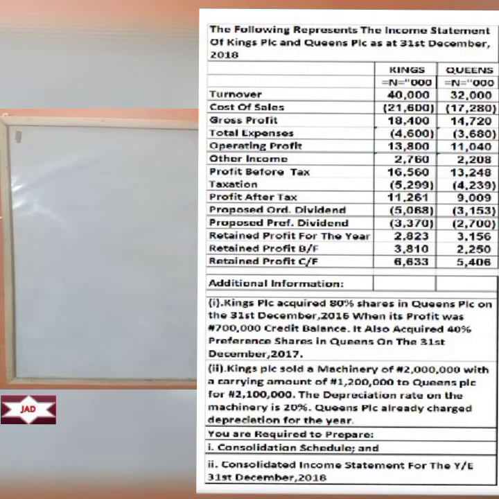It also acquired 40% preference shares in Queens PLC on 31st December 2017. Kings sold machinery of 2 million with a carrying amount of 1.2 million to Queens PLC for 2.1 million. The depreciation rate on the machinery is 20%. Queens PLC already charged depreciation for the year.